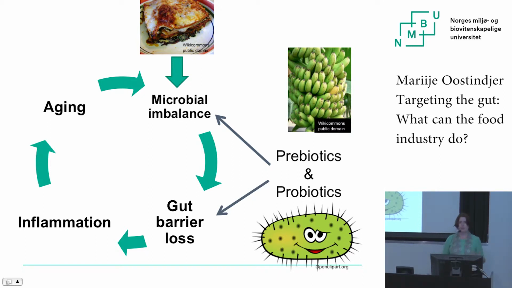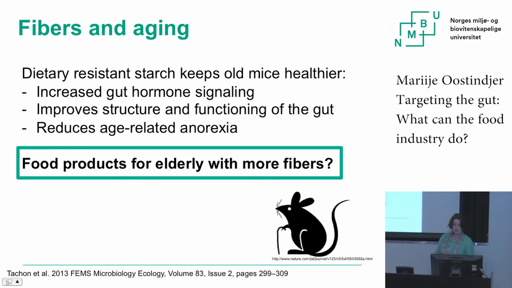The idea is to use these pre and probiotics in food to restore the microbial imbalance and even directly affect gut barrier loss. In the next part, I'll give a few examples of how we think these pre and probiotics can be used in food to age healthier.